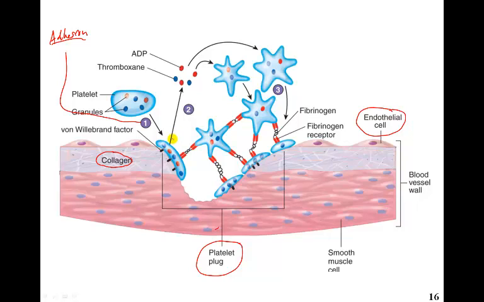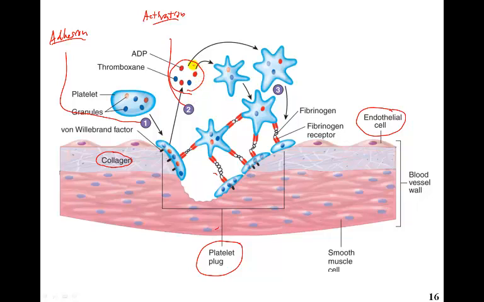Okay, second step. Once the platelet adheres and binds, recognizing collagen, that has the effect of activating the platelets. So the second step is called activation. The platelet gets activated, and what it does when activated is release signaling molecules, and don't worry which molecules those are.